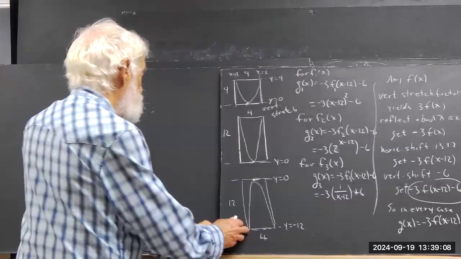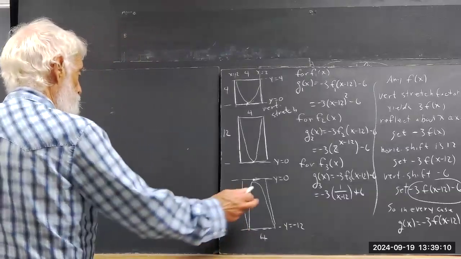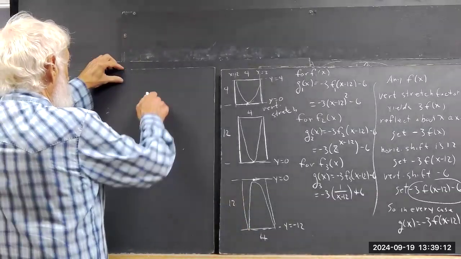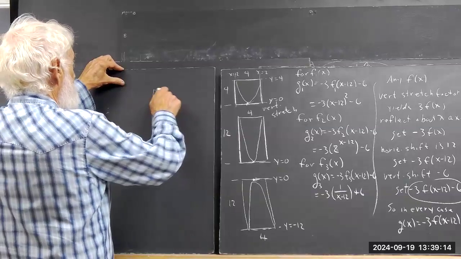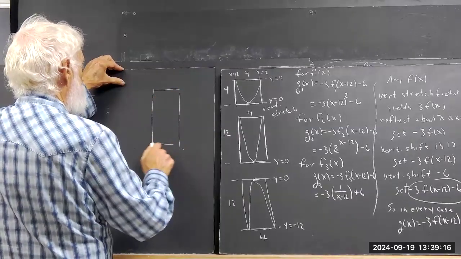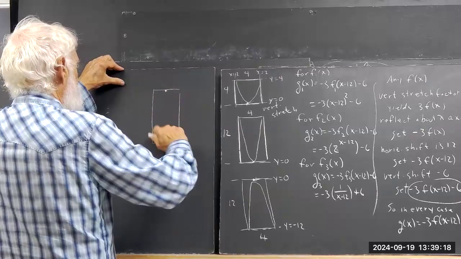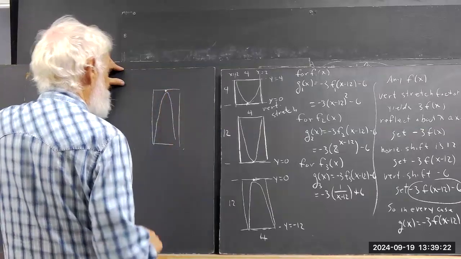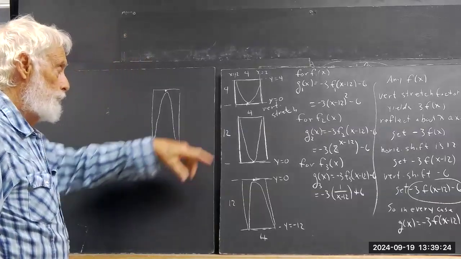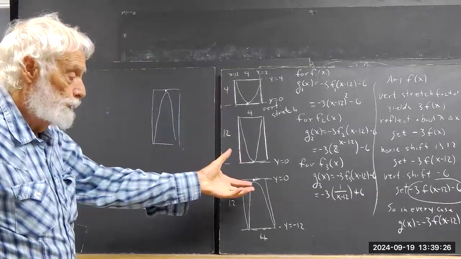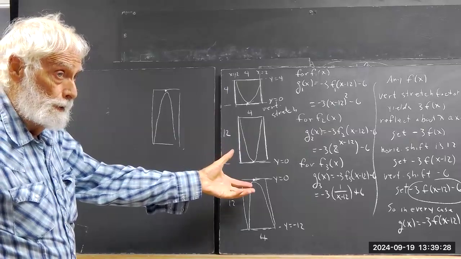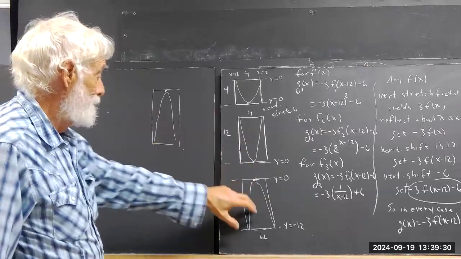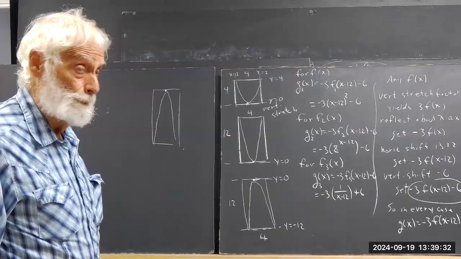Okay. So we can say how this graph looks exactly the same. The red dot is here. As soon as we finish with stretches and vertical stretches and reflections, that's not going to change, okay?